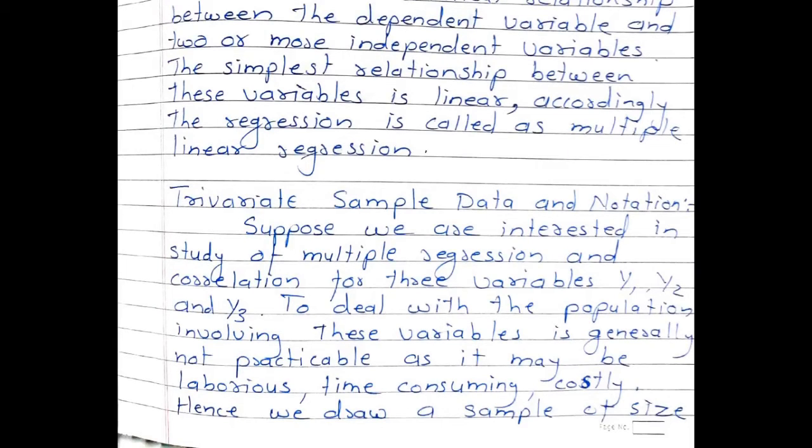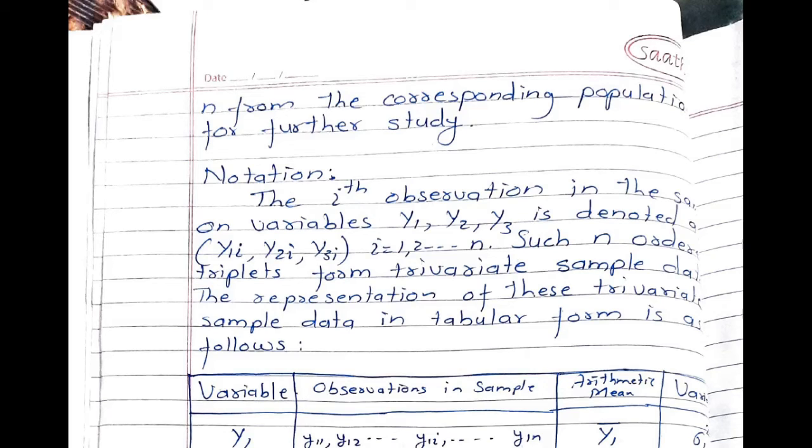Trivariate sample data and notation. Suppose we are interested in the study of multiple regression and correlation for three variables y1, y2 and y3. To deal with the population involving these variables is generally not practicable, as it may be laborious, time consuming and costly. Hence, we draw a sample of size n from the corresponding population for further study.